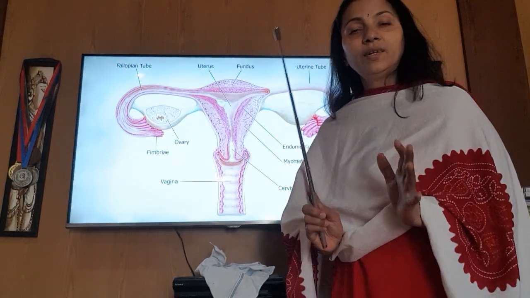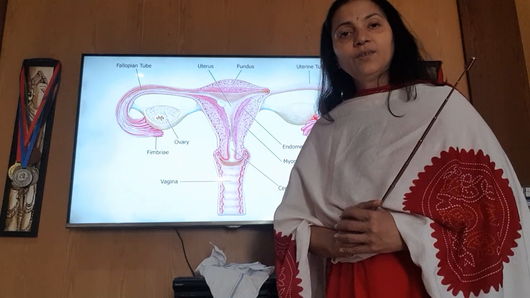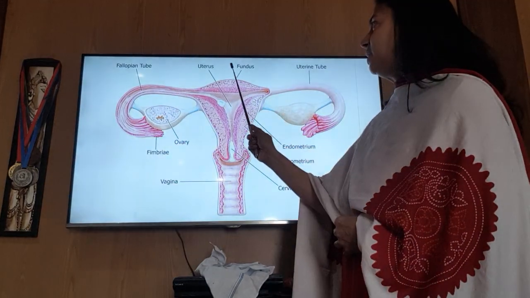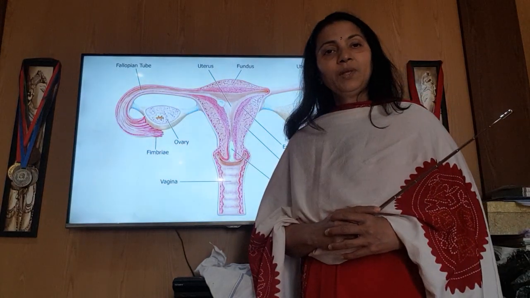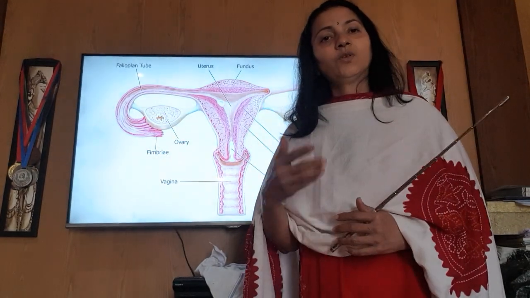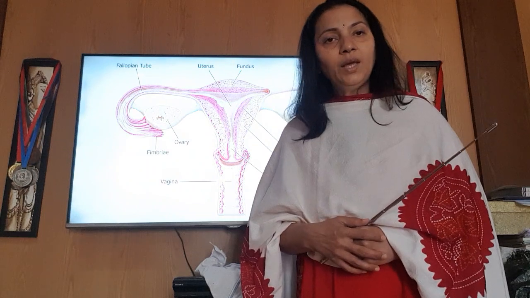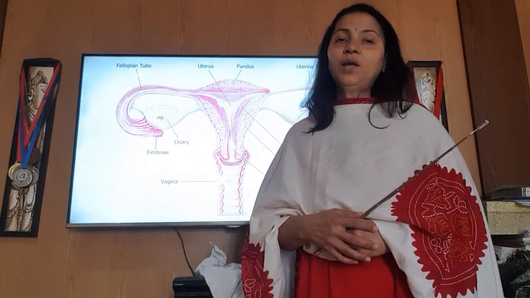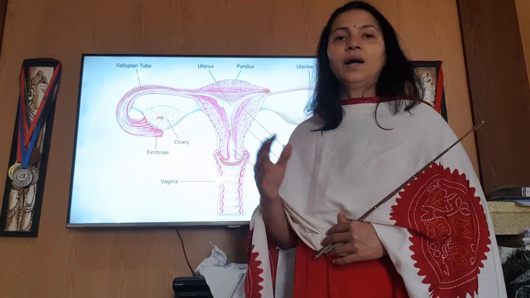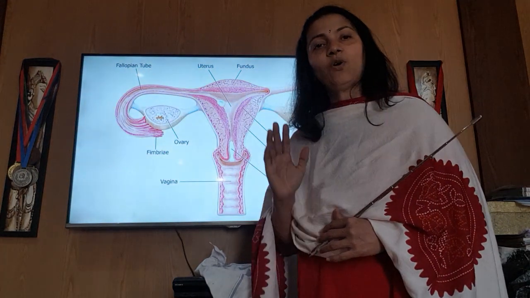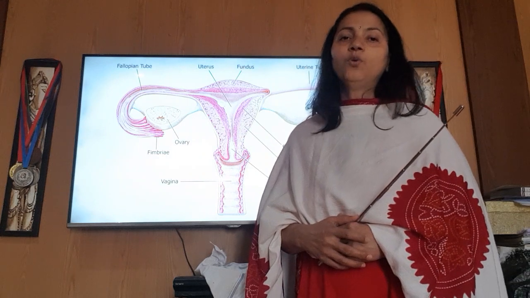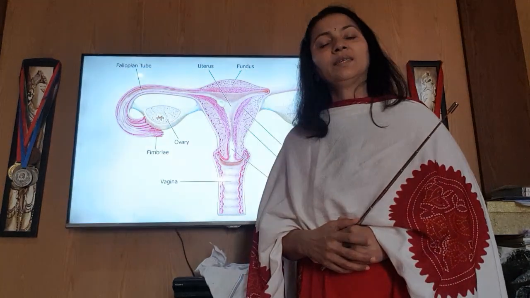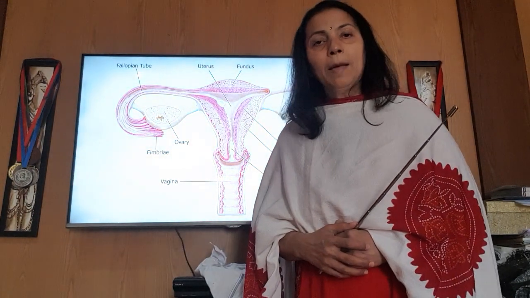Now lymphatic drainage. As the ovary gets its arterial supply from the direct branch of the aorta, the lymphatics will also go there only. So pre-aortic and para-aortic lymph nodes drain the lymphatics of the ovary. Nerve supply: it has both sympathetic and parasympathetic nerve supply.